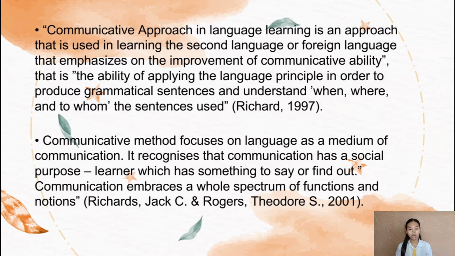Communication embraces a whole spectrum of functions and notions, meaning that communicative language teaching or the CLT is a learner-centered approach to prepare students to be confident communicators for different real-life contexts through oral practice and student-student cooperation. That is why they are expected to participate in the communication process actively in the classroom.